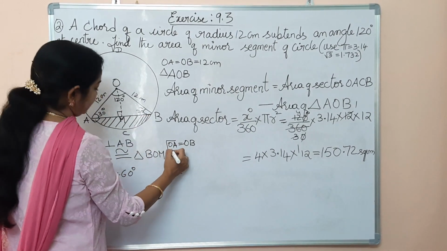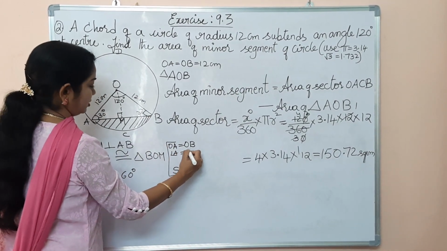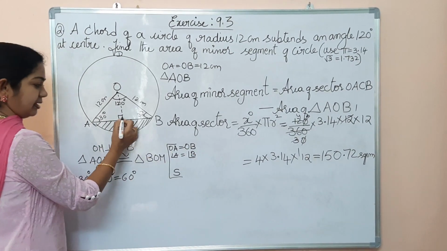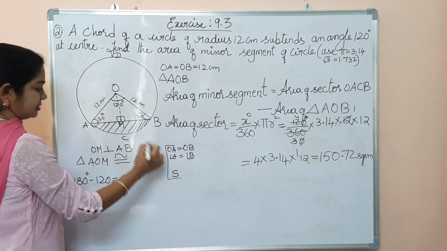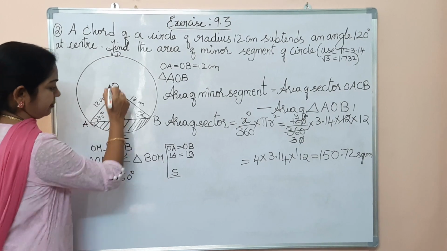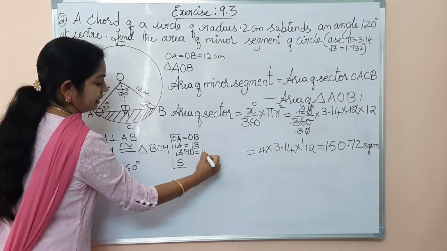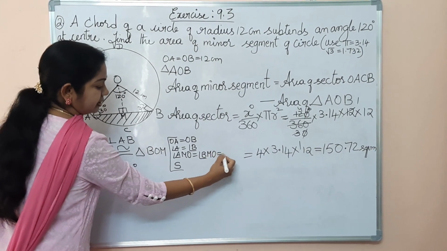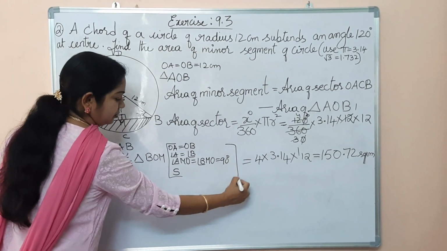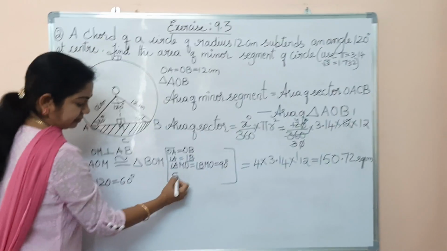So one angle is equal, angle A equal to angle B. Another angle here is 90 degrees. Angle AMO equal to angle BMO, it's 90 degrees. So two angles and one side.